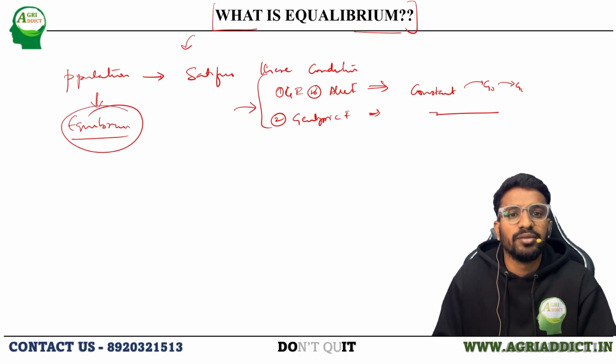That means the population is stabilized, where you are not seeing any change in the gene frequency or the genotypic frequency.